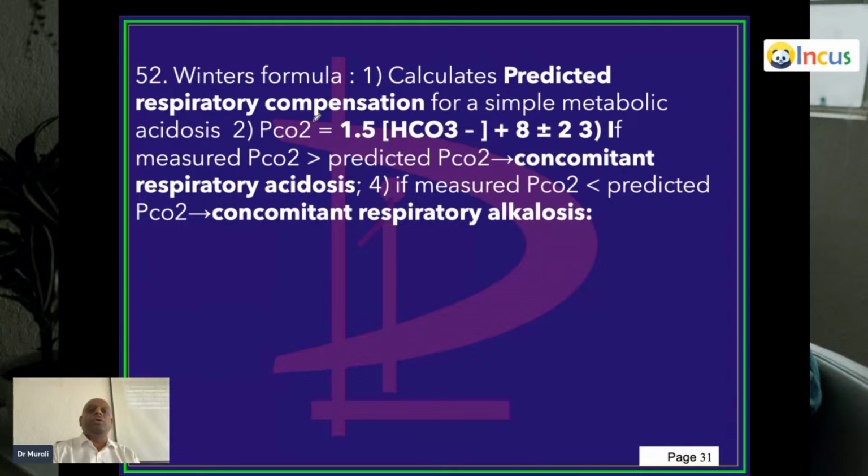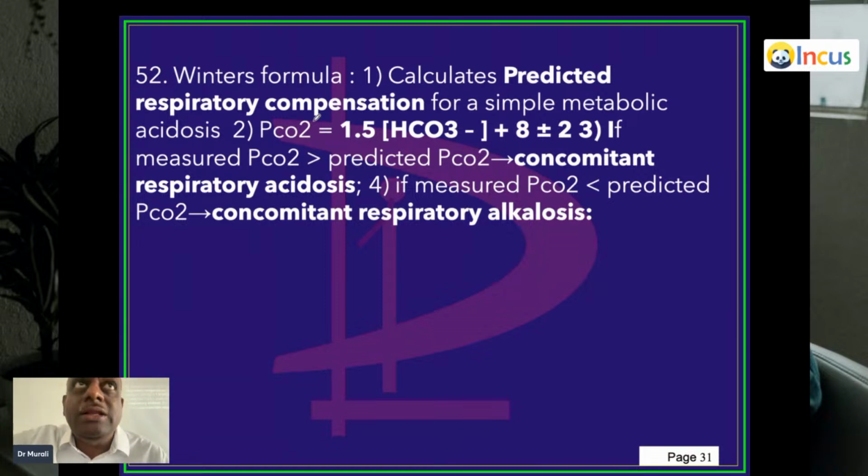Right? So, suppose there is metabolic acidosis, what is the respiratory compensation? Hyperventilation leading to fall of PCO2. So whenever metabolic acidosis is there, if pH falls this much, what will PCO2 be?